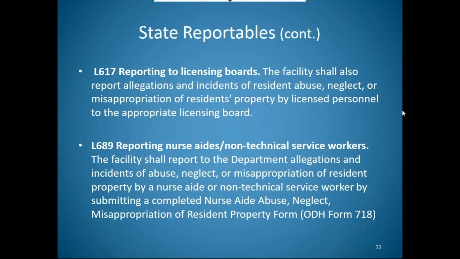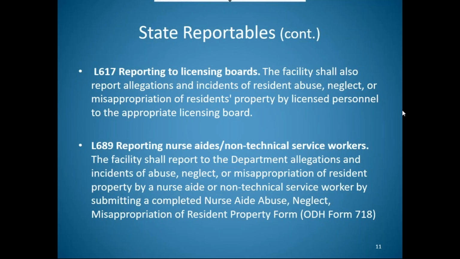689 talks about reporting nurse aide, non-technical service workers. If you have any incidents or allegations of abuse, neglect, or misappropriation by one of these workers, you're going to need to complete the OSDH Form 718, which is the nurse aide abuse, neglect, misappropriation of resident property form.